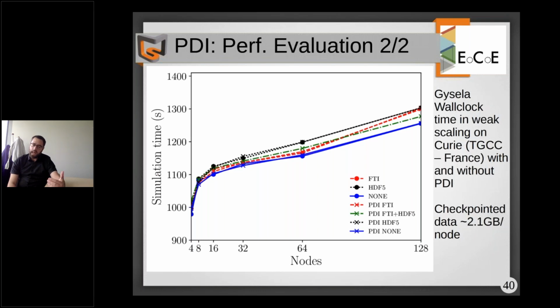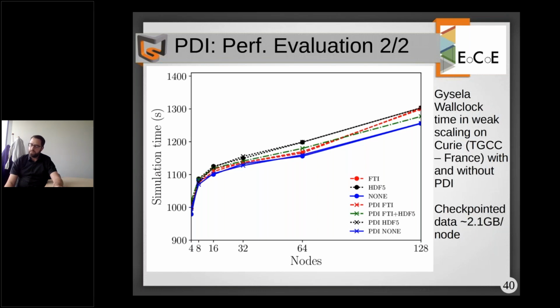So that is really the advantage of PDI. You have no memory overhead, no execution time overhead, and you're able to use the best suited library in any situation. And for different parts of the code also, as we've seen with the combination of HDF5 plus FTI.